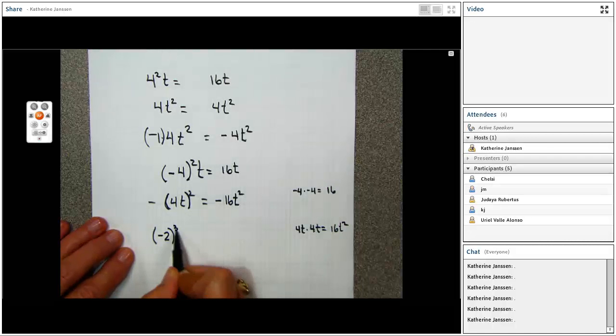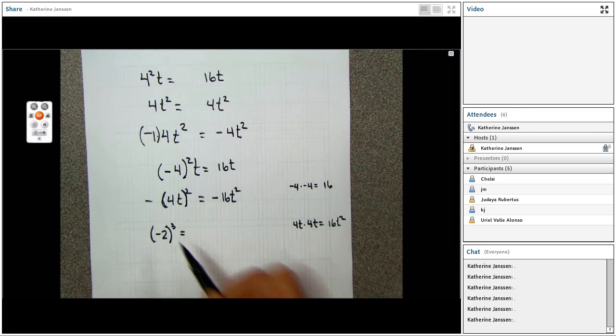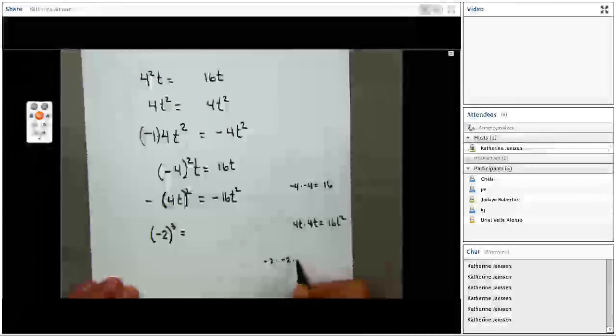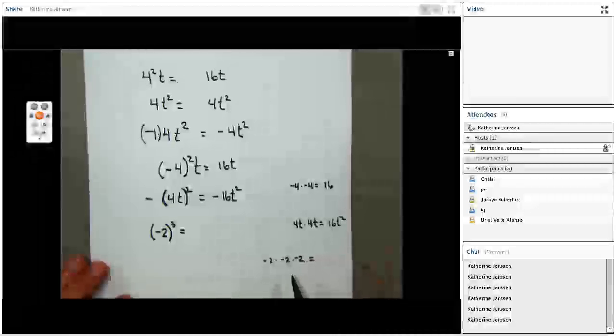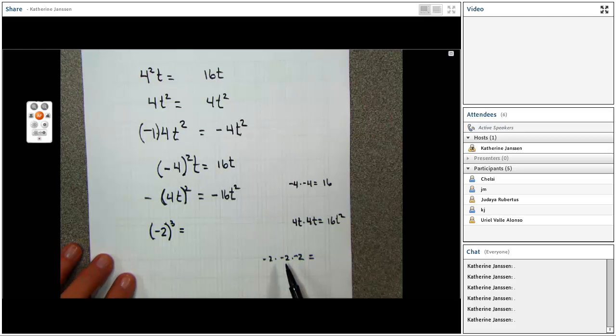-2 cubed. Again, I'm protecting the sign. I have a negative base. I have a clue. So that's -2 times -2 times -2. And we know that when we have an odd number of negative bases, our answer is going to be negative.